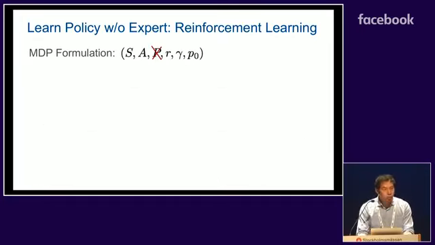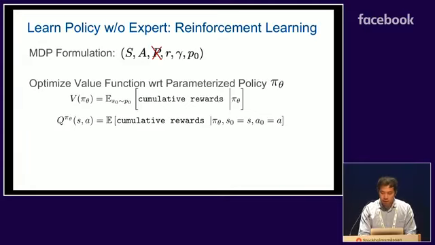Often, though, we don't really know the dynamics model P, but we can interact with the environment. And one popular way to learn a policy is to use model-free reinforcement learning. And there are many, many methods that exist. I'll just mention one here, where we parameterize our policy by a set of weights, theta, such as a neural net.